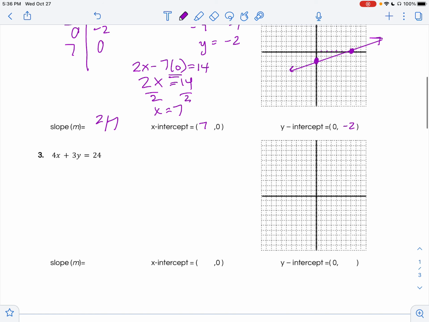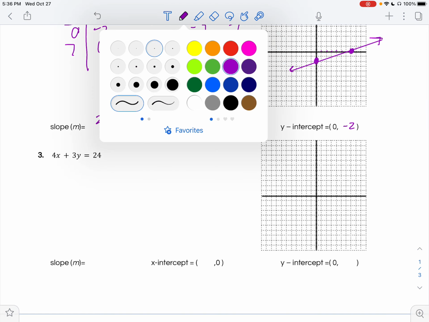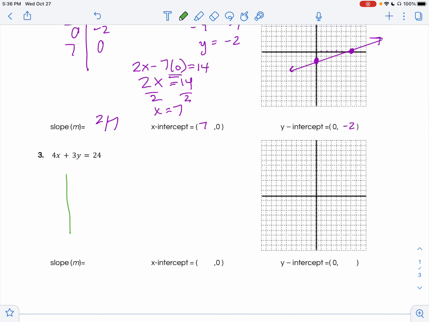All right, so one more I'm going to graph for you. I'm going to make the table. If you like algebra, you do this with the algebra. When I plug in 0 for x, I'm not going to show my work on this one. And then when I plug in 0 for y, okay, so again, I didn't show my work.